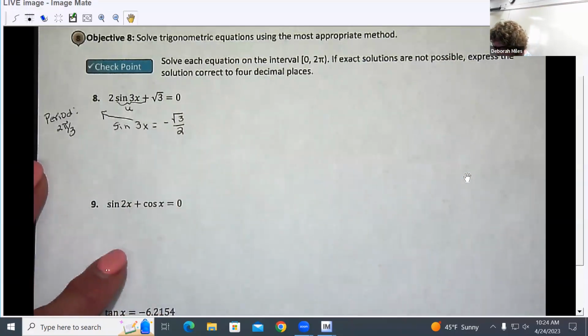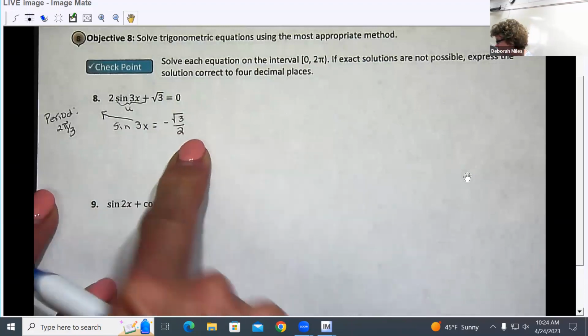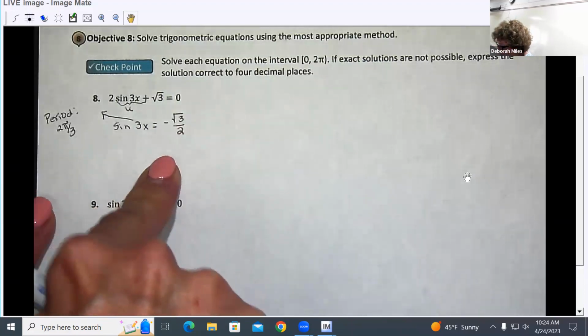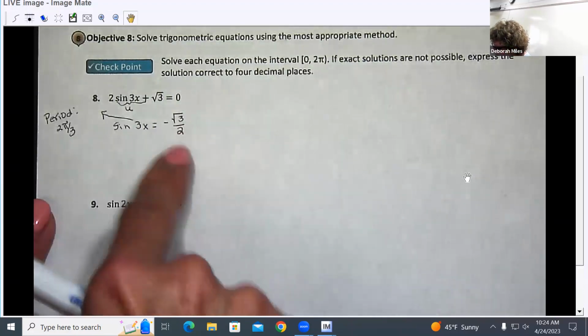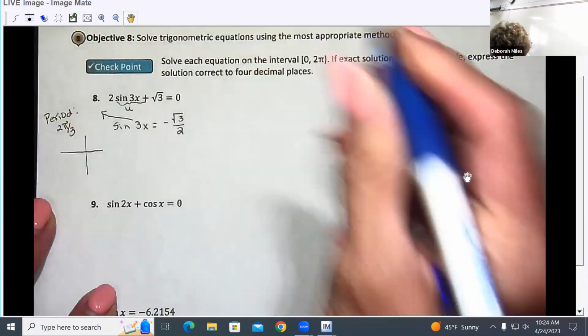So the first thing I'm going to have to think is, where is sine negative square root of 3 over 2? Sine is negative in the 3rd and 4th quadrants, and it's almost negative 1 by the y-axis.